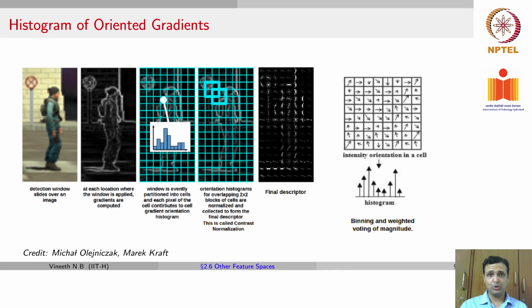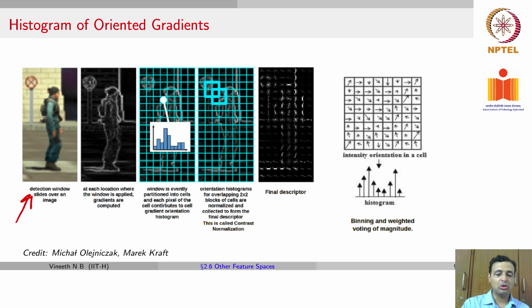Another famous method, you probably have already been exposed to this when we talked about SIFT, but this method was also independently developed to be able to detect humans in images, is known as histograms of oriented gradients, or popularly known as HOG. So this originally was proposed in a paper that was used for human detection in different kinds of images. So let's say you had a portion of an image or an image containing a human.